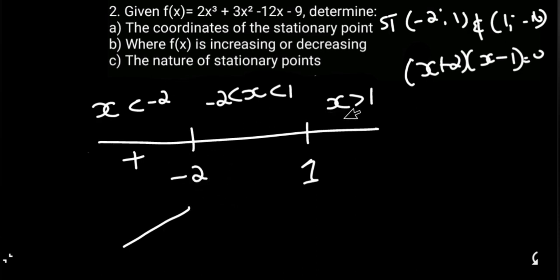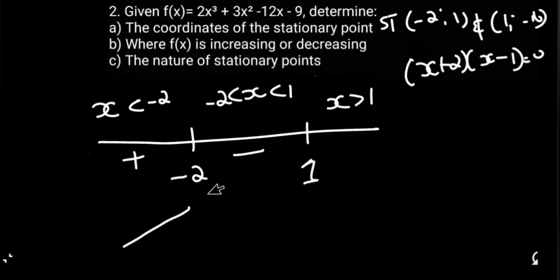Let us try to plug in any value that is between -2 and 1. The simplest value could be 0 or -1. So let me just plug in 0. So if you plug in 0 on 0 plus 2 and 0 minus 1, you're gonna get a negative value.